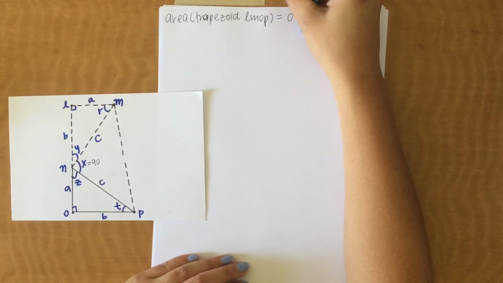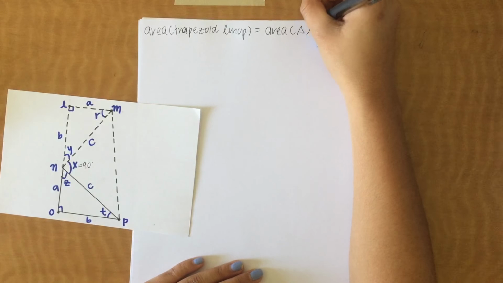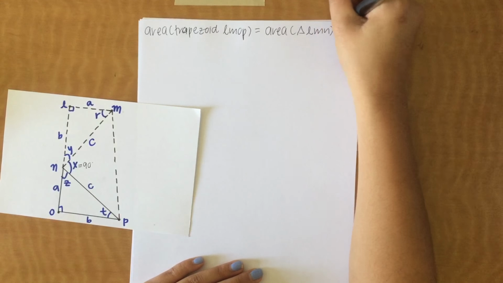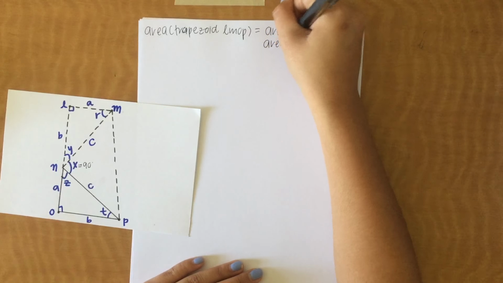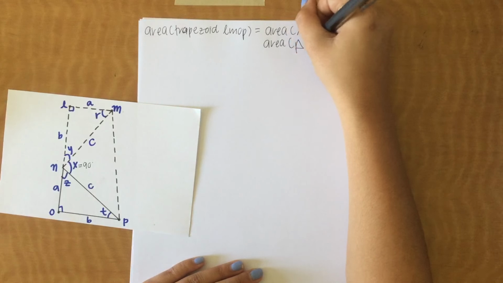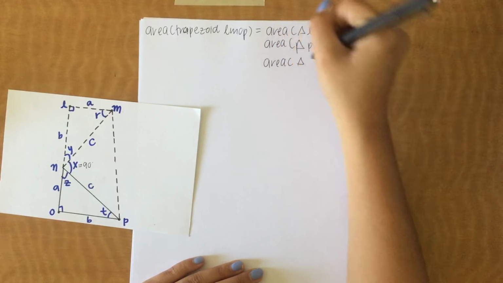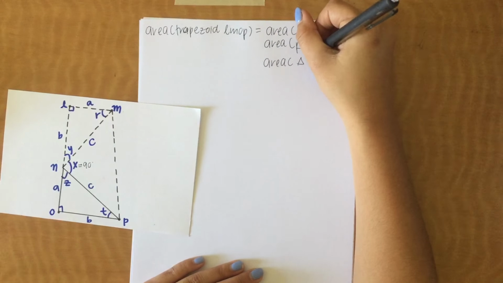So area of triangle LMN plus area of triangle PON, plus area of triangle MNP.